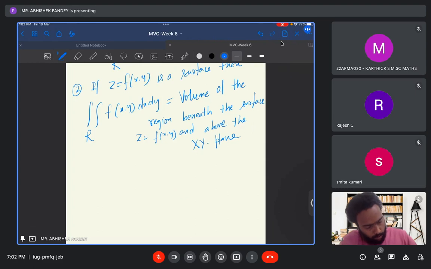Now the third thing is, if f of x comma y is a density function, what is a density function?